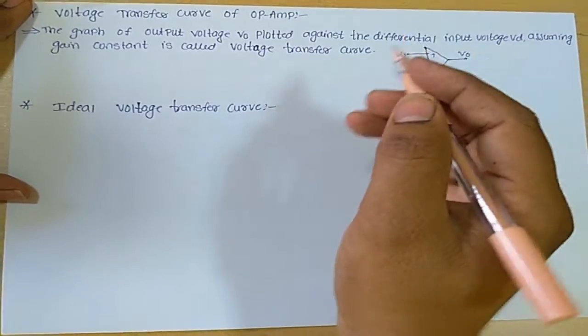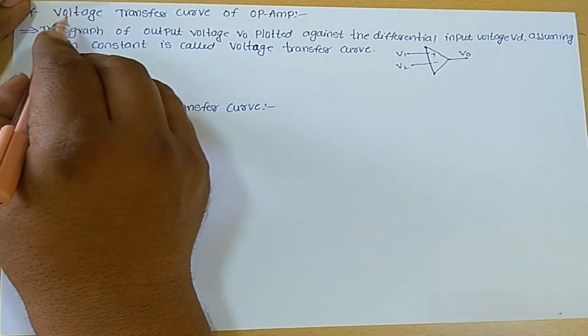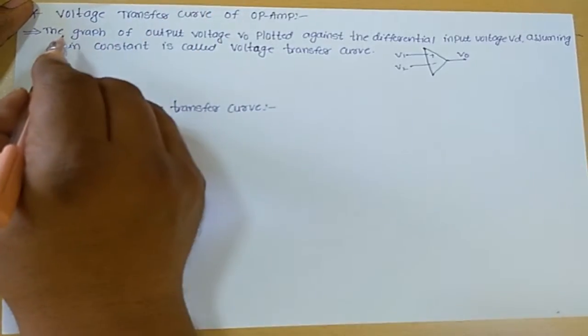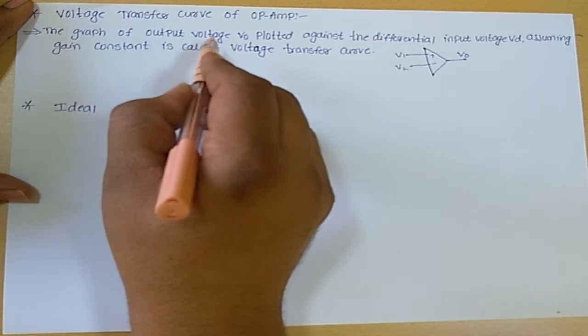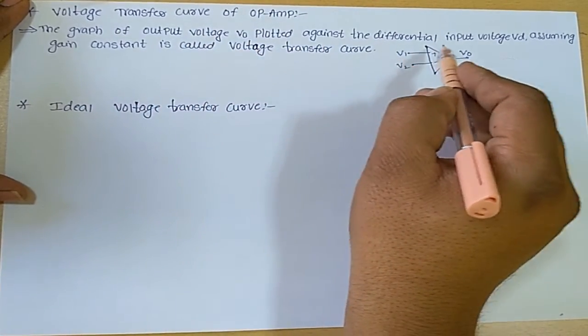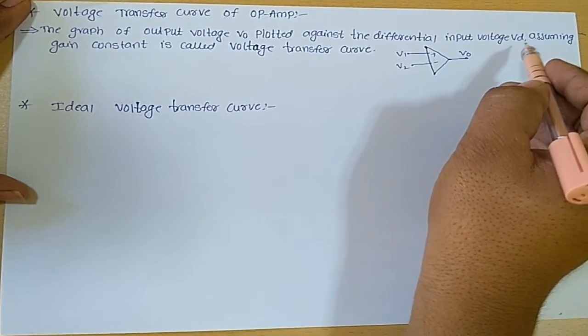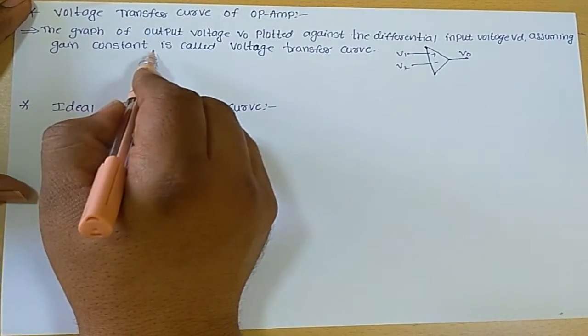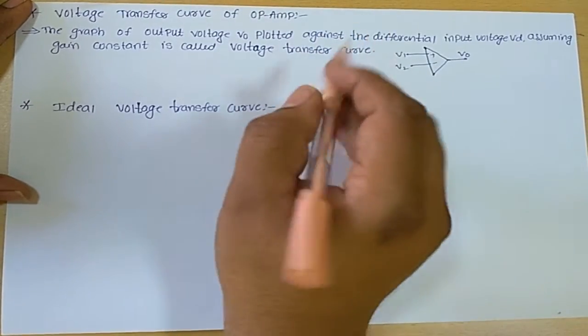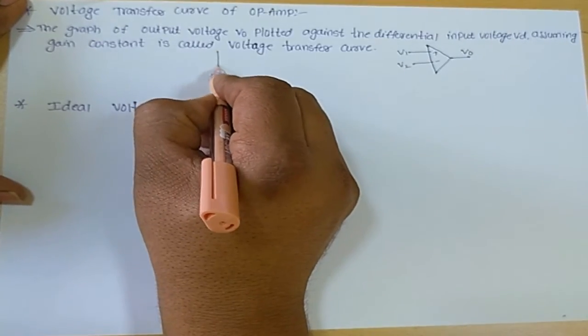Now we are understanding what the voltage transfer curve is. The voltage transfer curve is the graph of output voltage V0 plotted against the differential input voltage Vd, assuming gain constant. Clear? It means that we draw a graph.